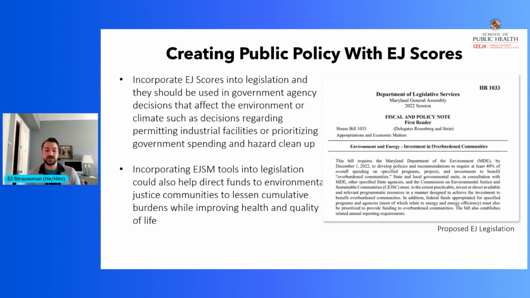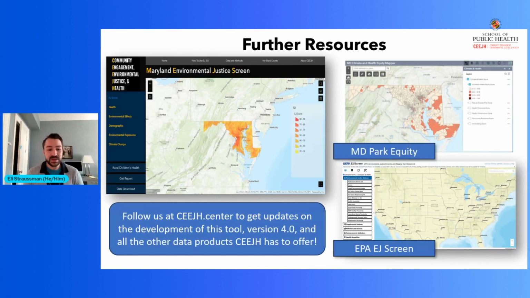And so these tools can play a really important part in the actual achievement of environmental justice by using this information to inform the legislative process on how they can improve the laws to better support environmental justice concerns.